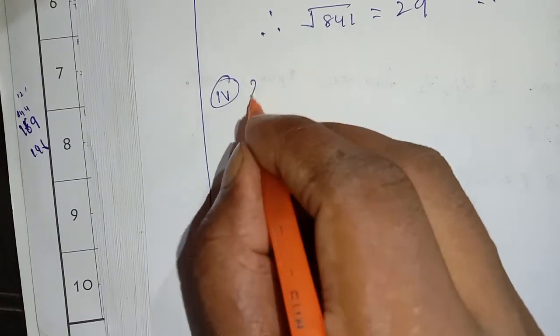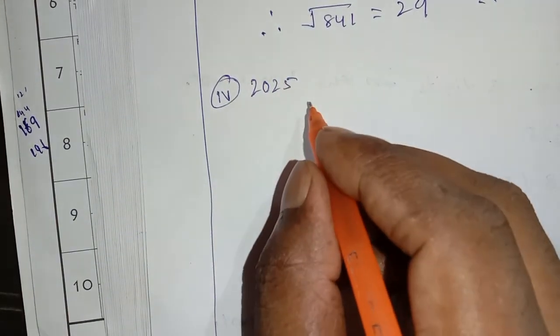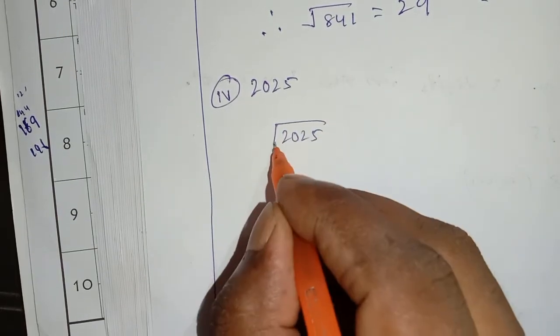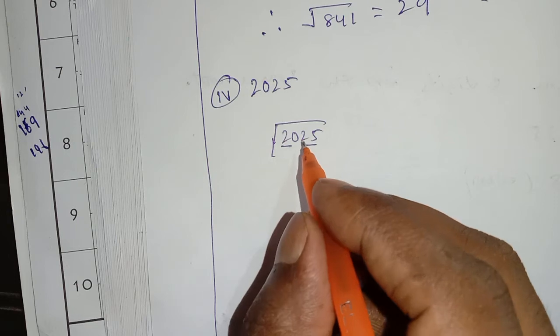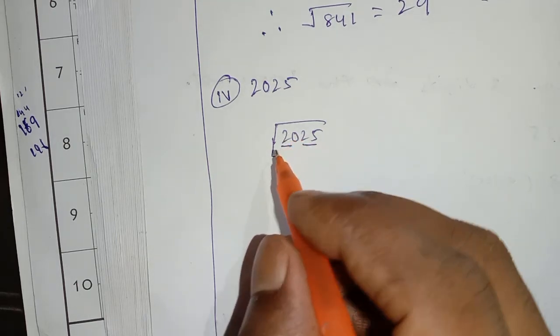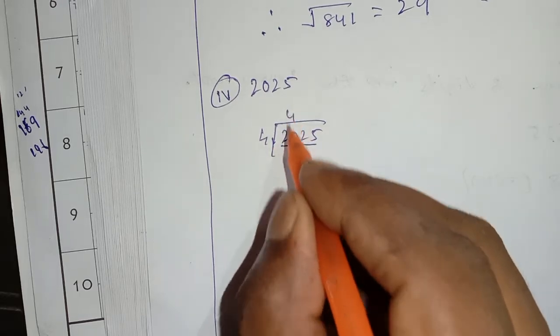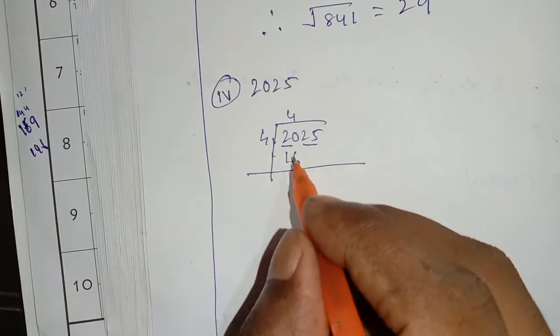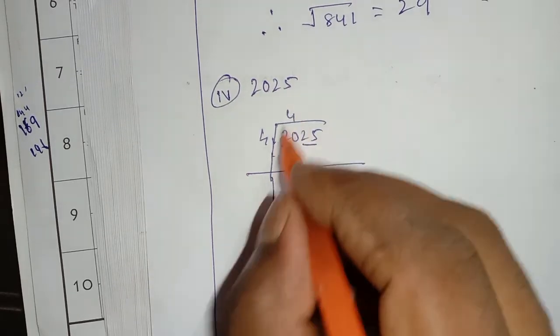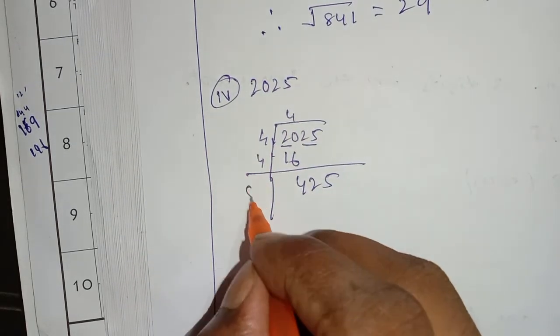4 is given, 2025. Okay, and if we divide this 2025, these two numbers taken, now 20 means if we take 5, then 5 5 is 25, so you have to take 4, then 4 4 is 16, minus 4, 25. Now this 4 will be plus, then how much? 8.